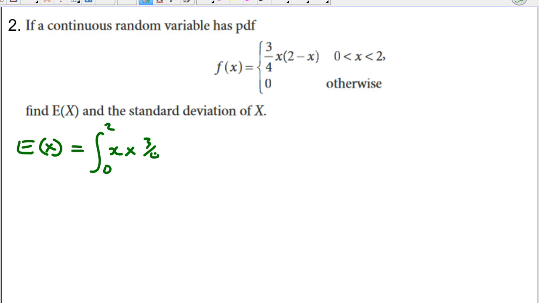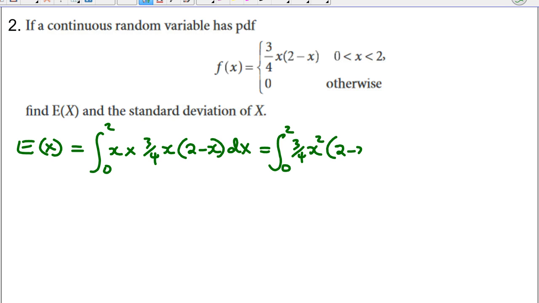So 3 over 4 x into 2 minus x dx, which is the integral from 0 to 2 of 3 over 4 x squared into 2 minus x dx.